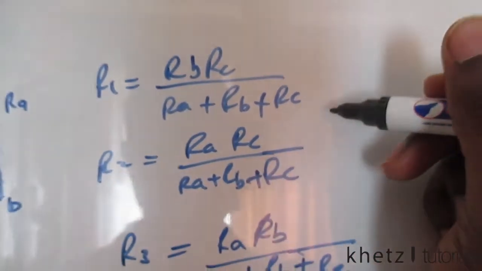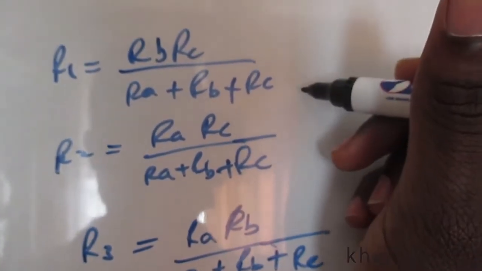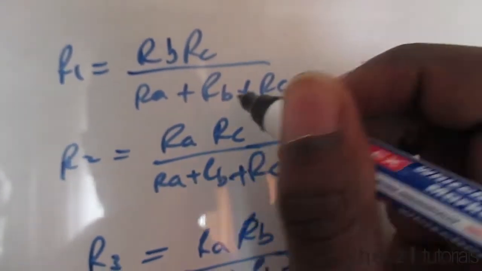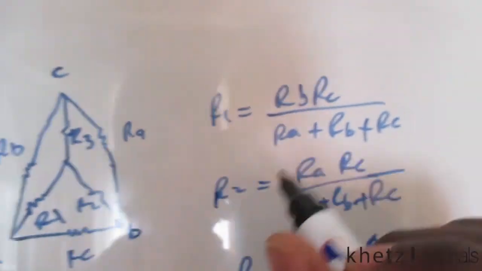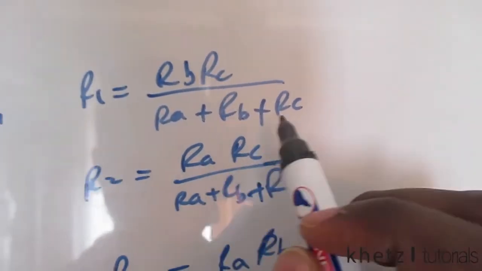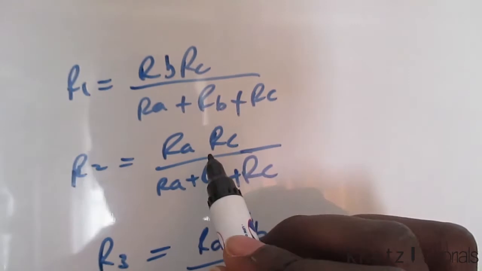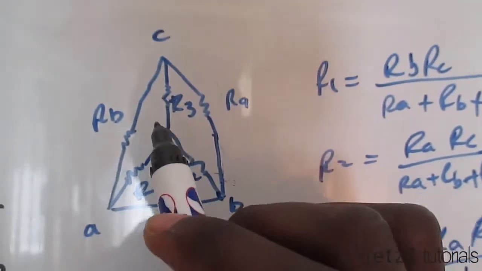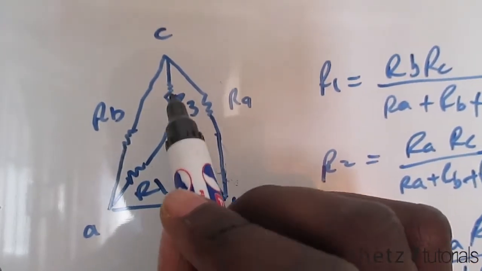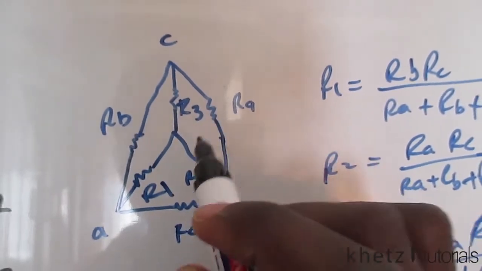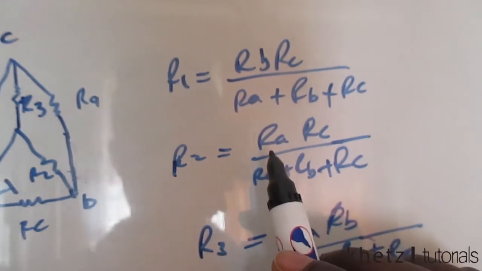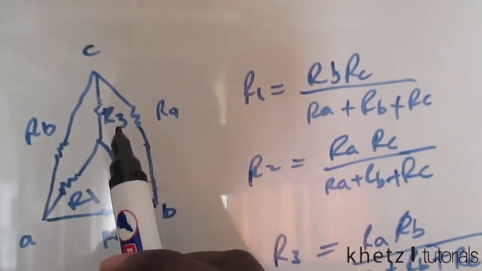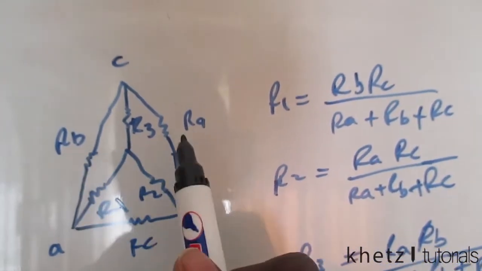As you can see, for all the others, the bottom part is the same. You just simply add all the resistors in the delta network, which are RA, RB, and RC. And then at the top, you multiply whichever two resistors the element you're calculating is between. So R2 is between RC and RA, so you have RA, RC. R3 is between RB and RA.